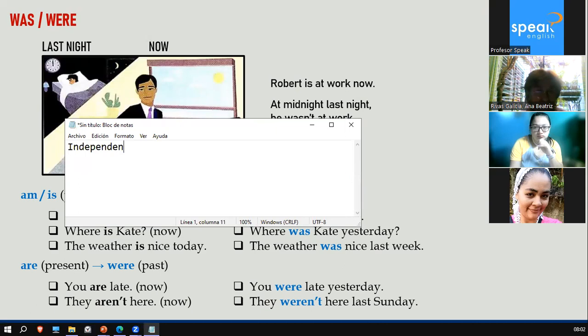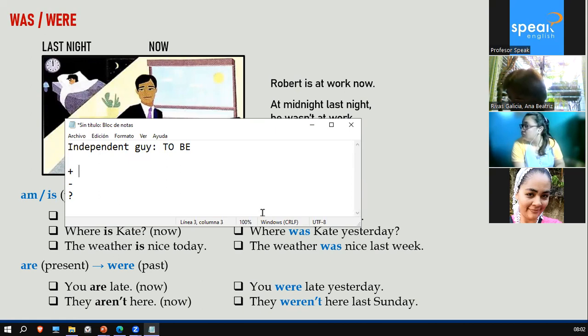The verb be is very special because it can be positive, negative, and question form, so we are able to use the verb be only.